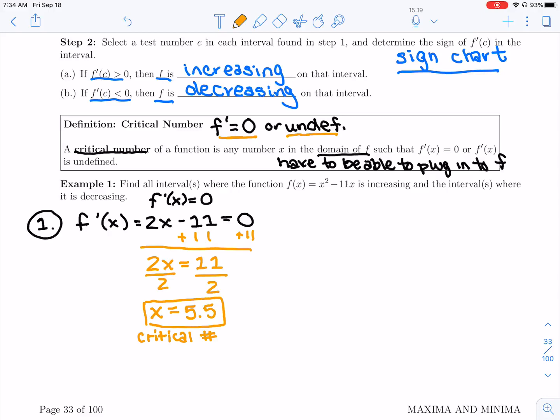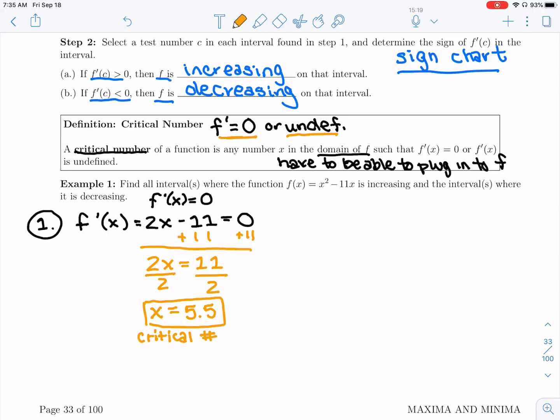It has to be able to go into the original. But since this one made the derivative 0, I don't even really need to worry about whether it can go in the original. And I know it could because 5.5 squared minus 11 times 5.5 is definitely going to give me a value. It's not going to make me divide by 0 or anything like that. When I plug it back into this original function, it's going to have a y value. It's not going to have an error. So there's our critical number.